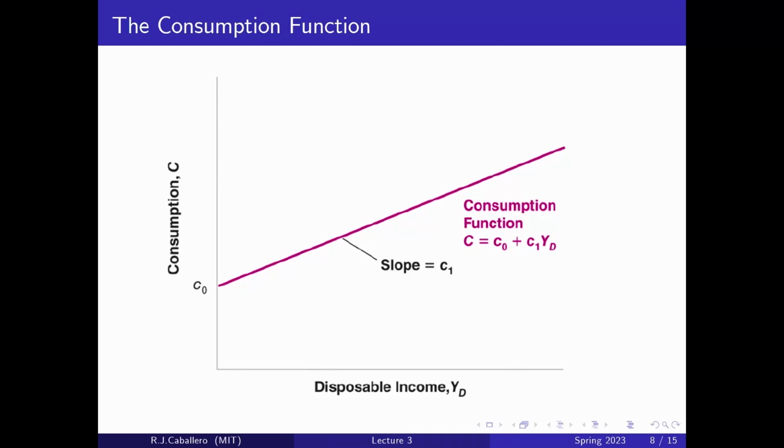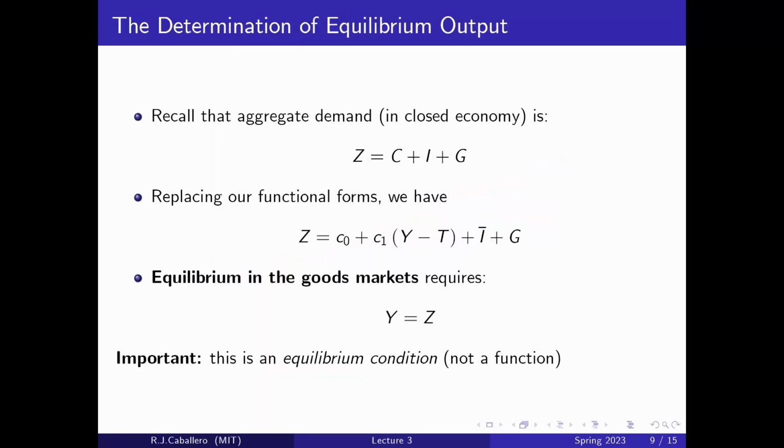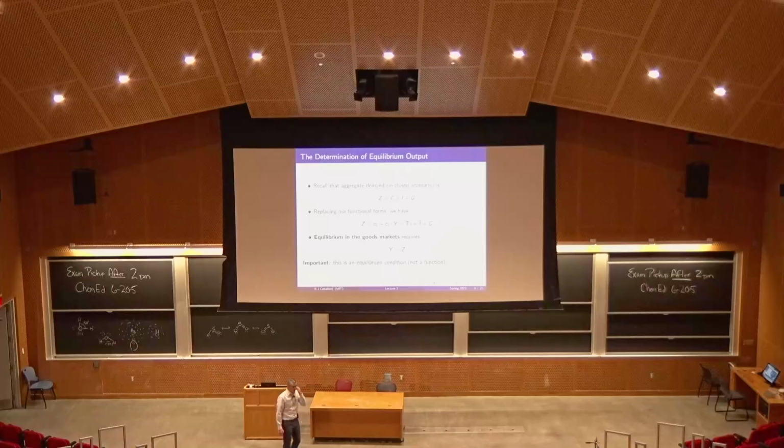So that was our consumption function. It was upward sloping because there is a marginal propensity to consume, C1. A key assumption of this part of the course is that output is aggregate demand determined. Prices were completely fixed, and output is whatever demand wants. So this is an equilibrium condition.